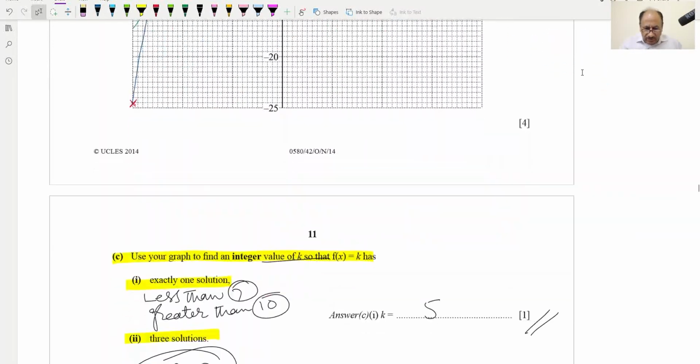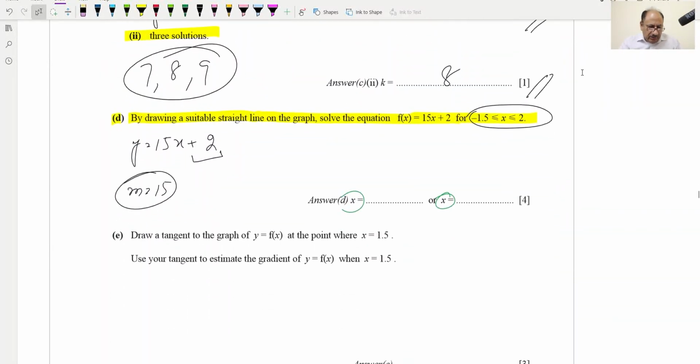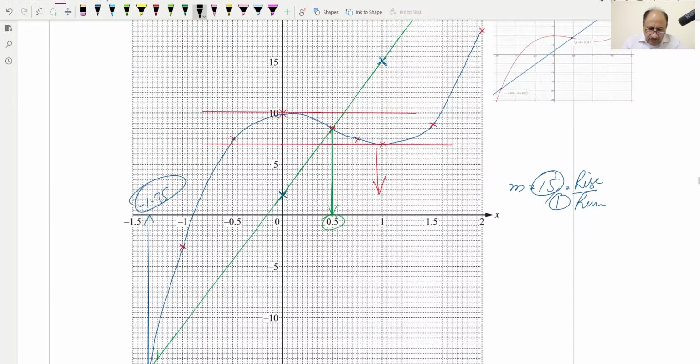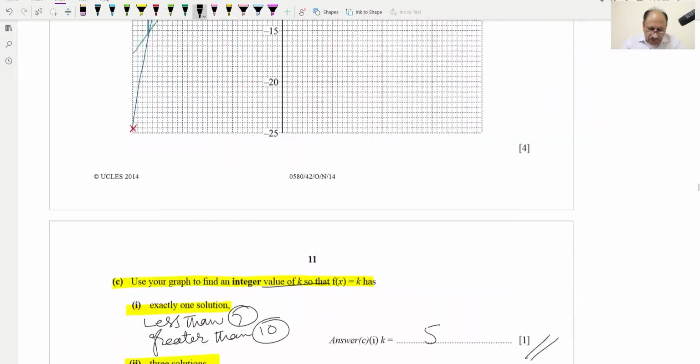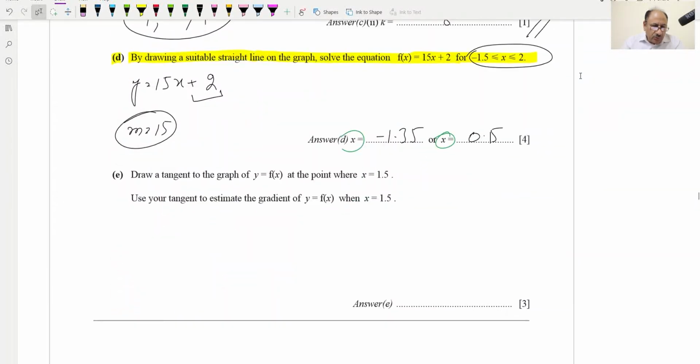So we can write the answer over here as minus 1.35, and the second answer we can write 0.5, which we checked from here. These will be the two solutions.